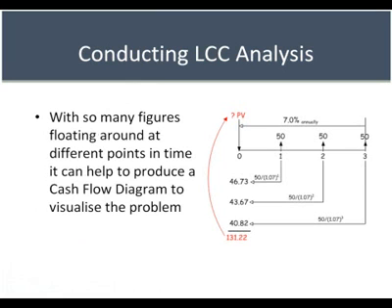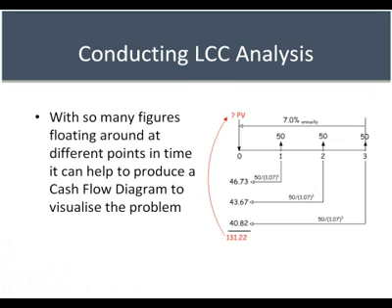I originally had quite a few slides going into detail on discounting cash flows in terms of the BLCC method that the U.S. uses for government projects. But I figured most folks are probably pretty familiar with that.